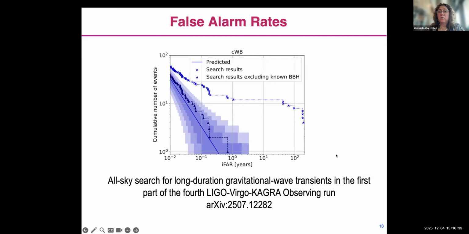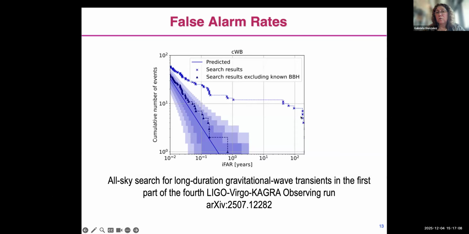So these are unmodeled transients compared to the inverse false alarm rate in years. So these are real signals, because the inverse false alarm rate, if you extrapolate this curve, is millions of years, or thousands of years. So these are very clear signals. However, all of these are also found by the algorithms that look for binary mergers using the waveforms of binary mergers.